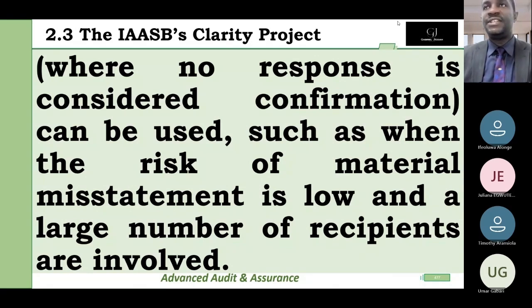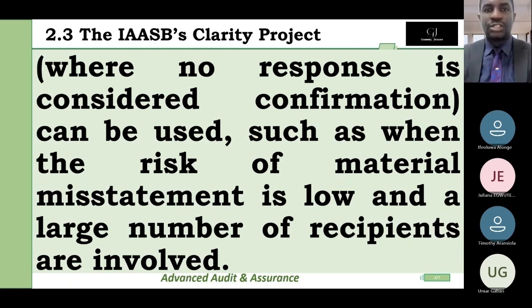Looking at materiality, if the size and the amount of the item is low, the auditor can use negative confirmation. Negative confirmation means it's not material; you can just ignore that confirmation. Also, where a large number of recipients are involved and the materiality is below the threshold, he can use negative confirmation. That means it doesn't negatively impact the financial statements or the stakeholders that will receive them.